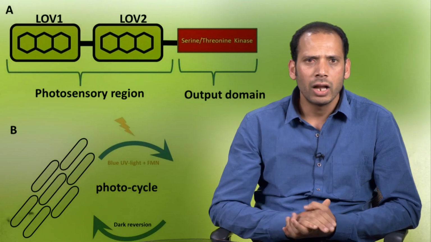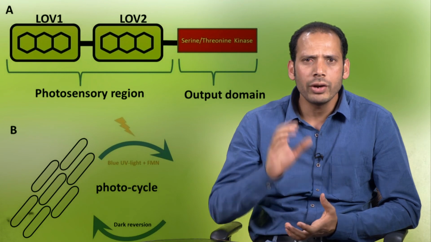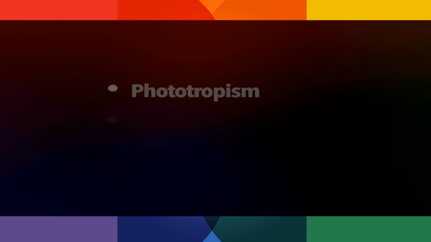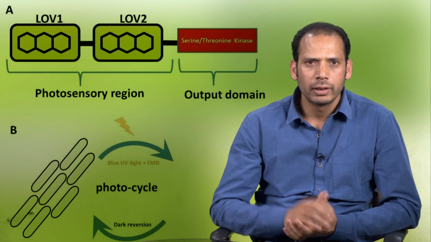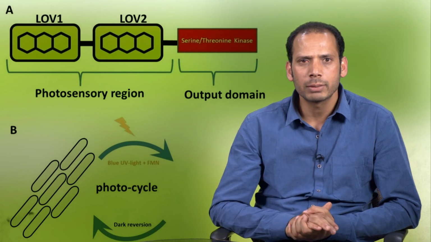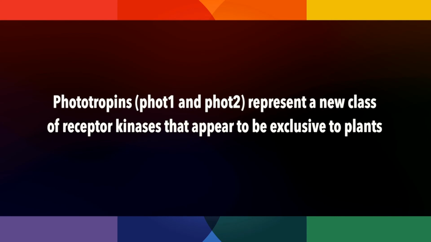Blue light and ultraviolet A light regulate a wide range of responses in plants, including phototropism, chloroplast migration, and stomatal opening. However, the photoreceptors for these light responses have been identified only recently. The phototropins, that is PHOT1 and PHOT2, represent a new class of receptor kinases that appear to be exclusive to plants.